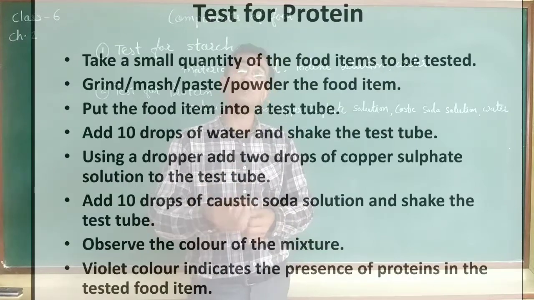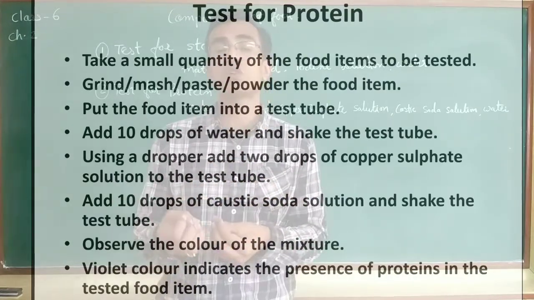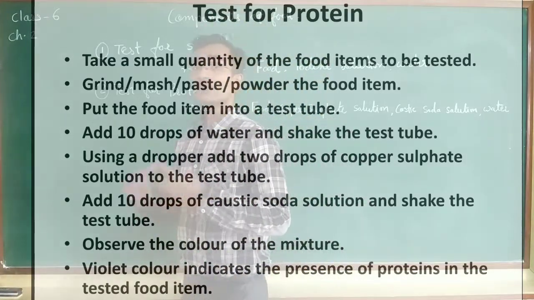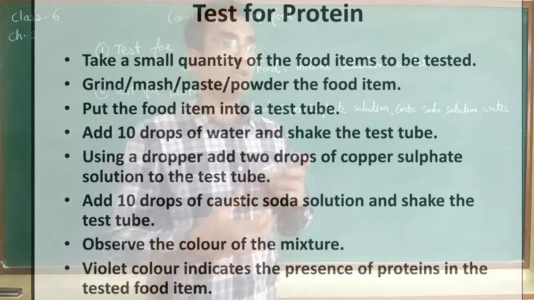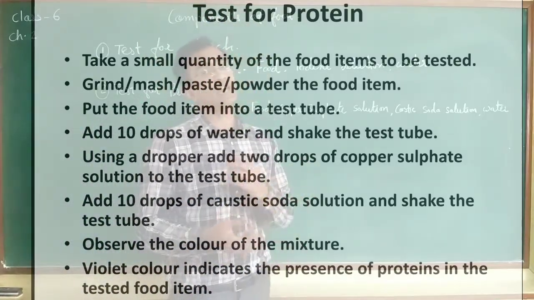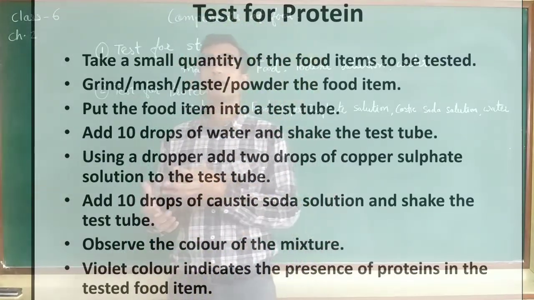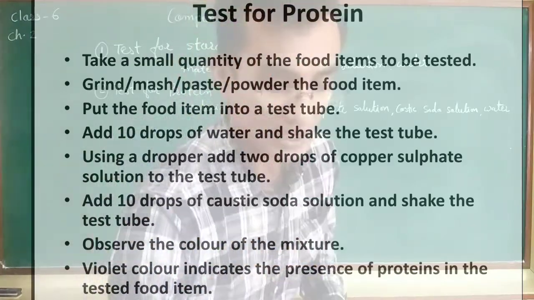In those samples we took some water so that our food sample gets dissolved in it. Then we took 2 drops of copper sulfate solution. After adding copper sulfate solution, we mixed the sample again, and after mixing we took 10 drops of caustic soda solution into each sample.